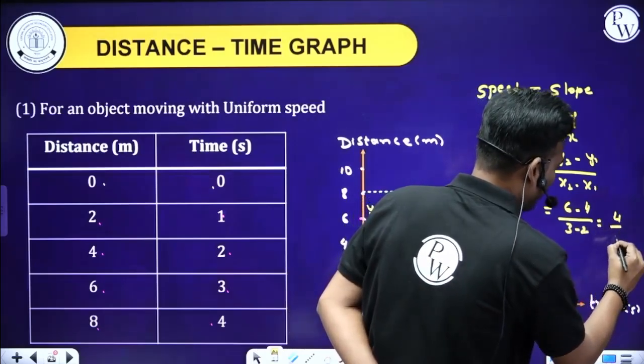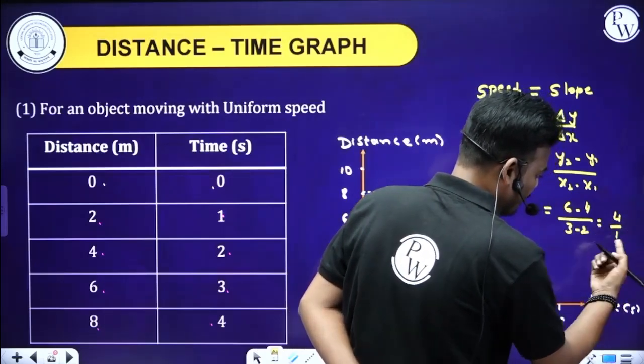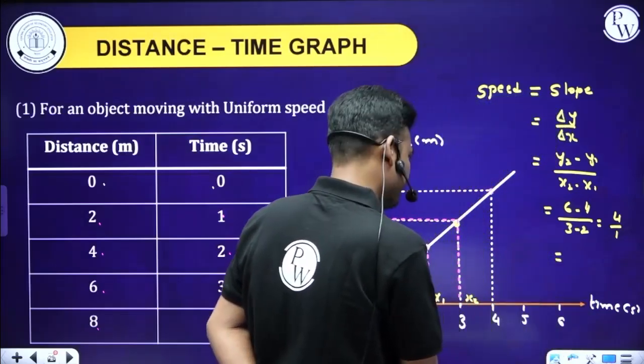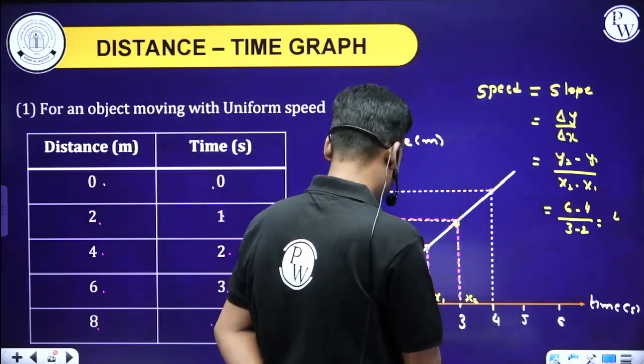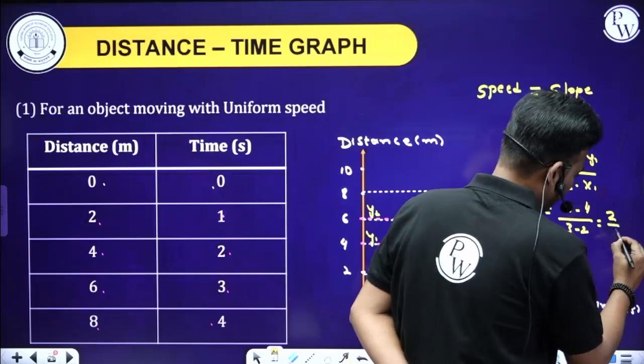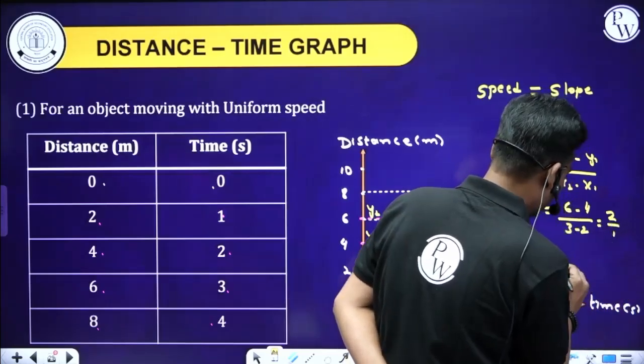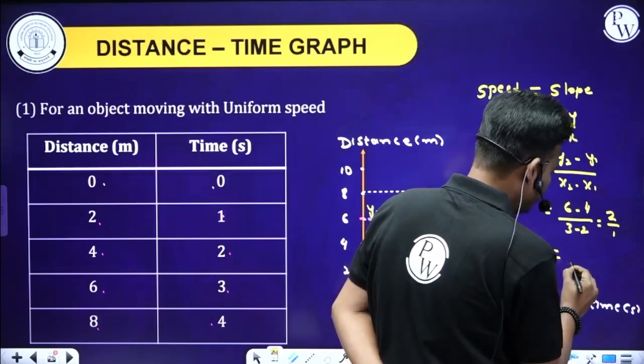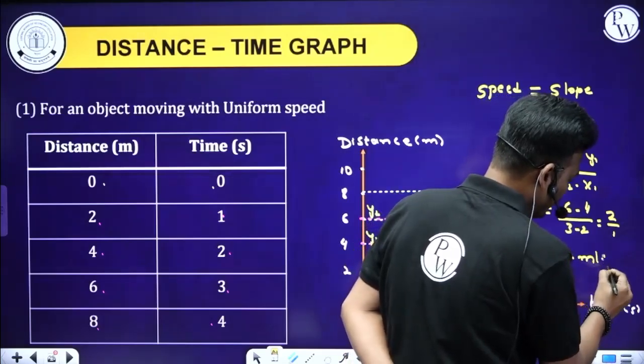So 6 minus 4, that is 2, divided by 3 minus 2, that is 1. So speed is nothing but 2 meter per second.